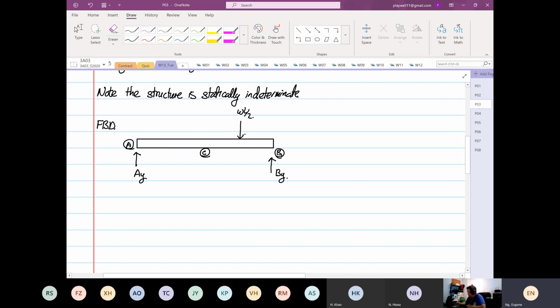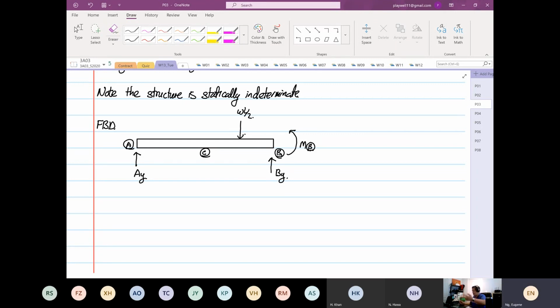And because the beam at point B is a cantilever, I'm going to assume that the moment at point B is going in that direction. If we use static analysis, how many unknowns do we have? The unknowns are AY, BY, and the moment about point B.